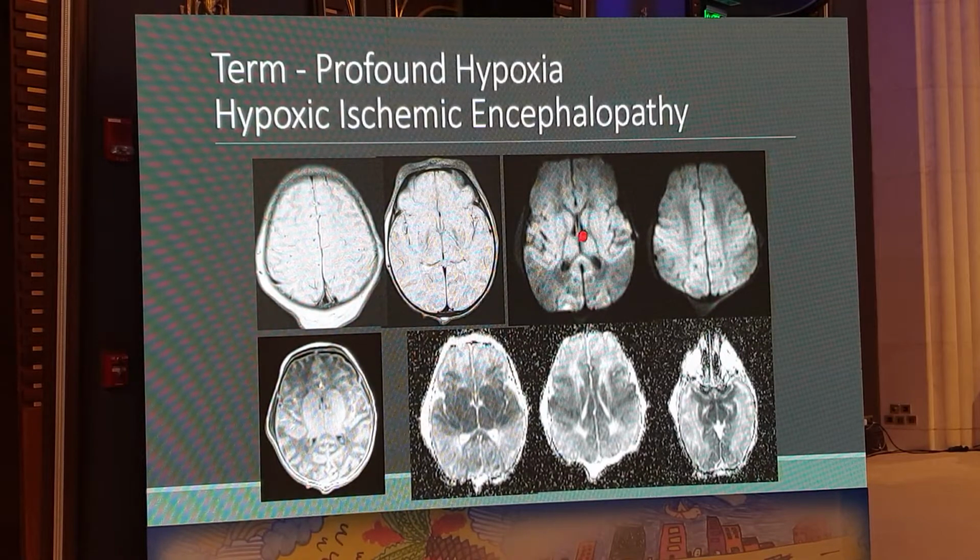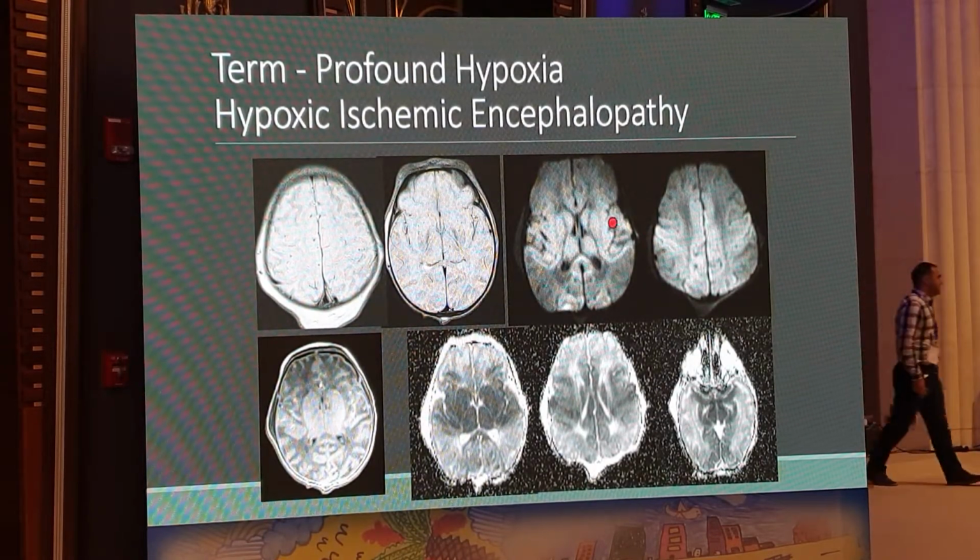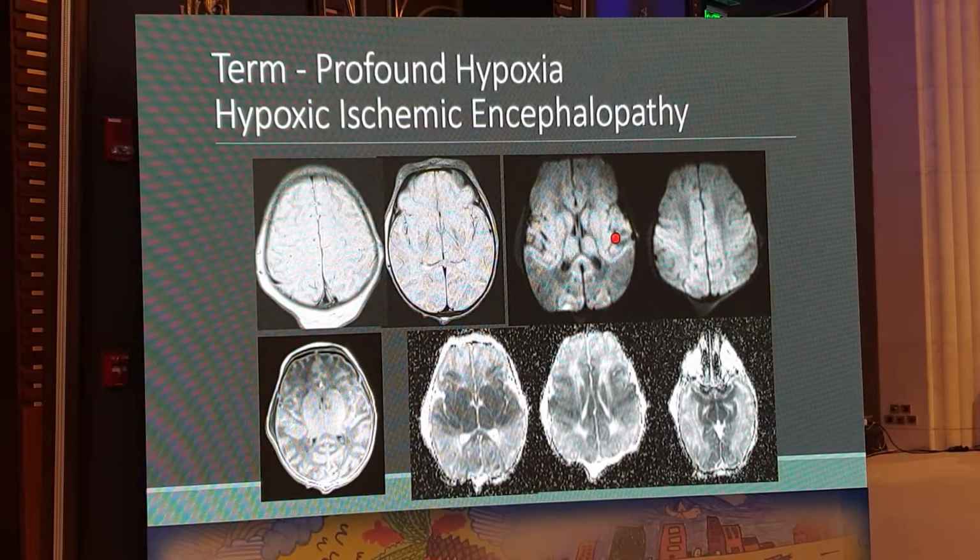In the diffusion, we can see involvement of the bilateral thalami, basal ganglia, and perirolandic cortex. We can see the changes along the corticospinal tracts. We can also see bilateral hippocampal involvement and brainstem involvement.